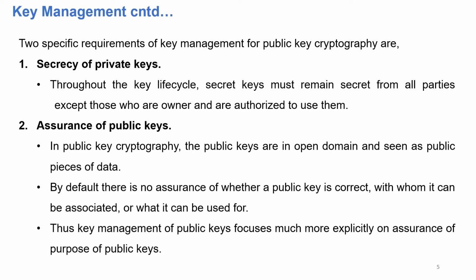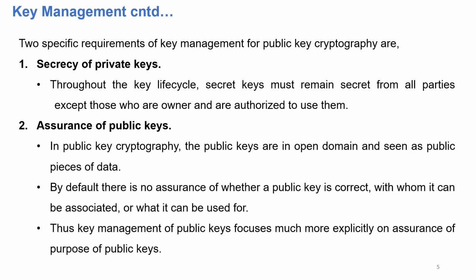Now assurance of public keys. Assurance is nothing but guaranteeing of these public keys. In public key cryptography, public keys are usually in the open domain and are seen as public pieces of data. That is why these are known as public keys, because they are available in the open domain. So by default, there is no guarantee or assurance of whether the public key is correct and with whom it is supposed to be associated, or what these keys are supposed to be used for.